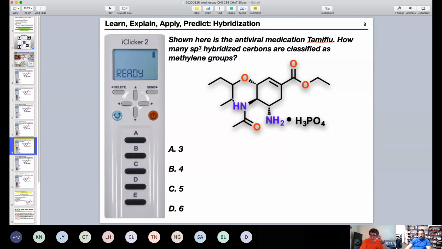So let's map those out. 1, 2, 3, 4. So a methylene group is a CH2 group.